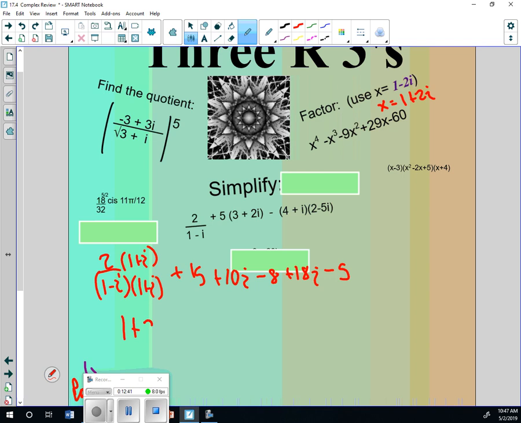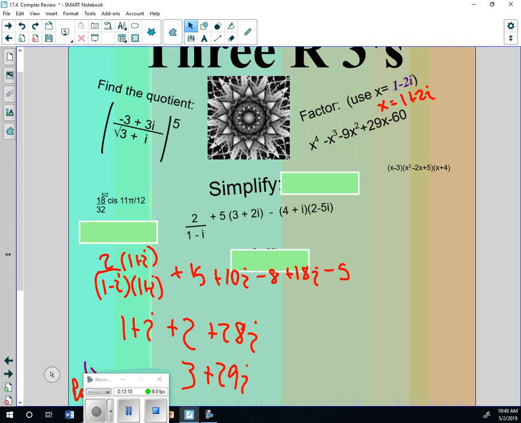Plus 15 minus 5 is 10. Minus 8 is 2. 10i plus 18i is 28i. So if we add 1 and 2, you get 3, and 28i plus i is 29i. Is that what we were supposed to get? Oh, yeah. 3 plus 29i.